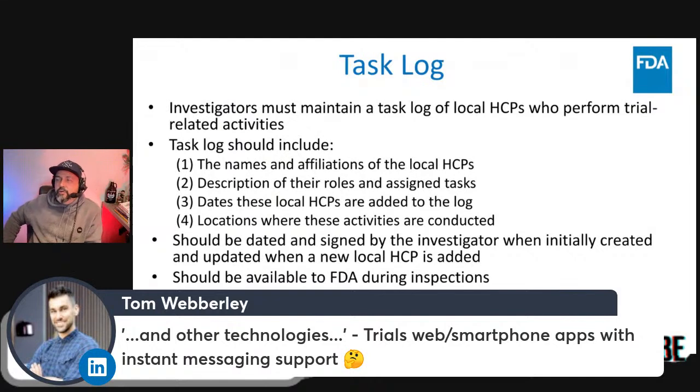Now, do you document training on these tasks? Or do you just assume, well, since they do these tasks in their day-to-day practice, we're just going to have them do these tasks here, even though the tasks in these studies sometimes are very different from the way they do them in their practice?